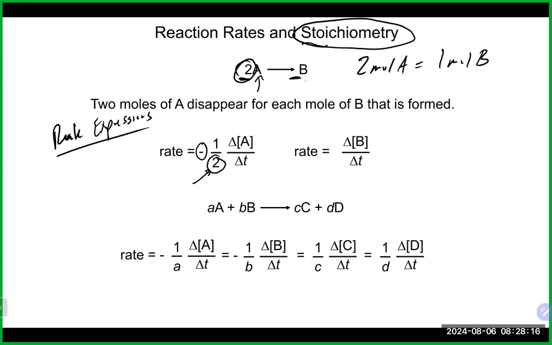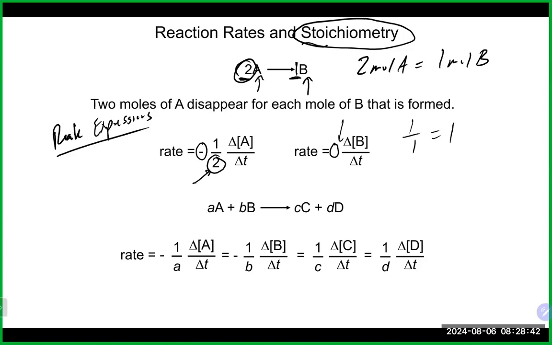We go to our product side, which is B. Again, we do not need the negative like we were talking about earlier because it should be increasing with time. And it basically is not written here, but obviously the coefficient here is 1, which means 1 over 1, but that equals 1, so you don't have to worry about it. The change in the concentration of B over time.